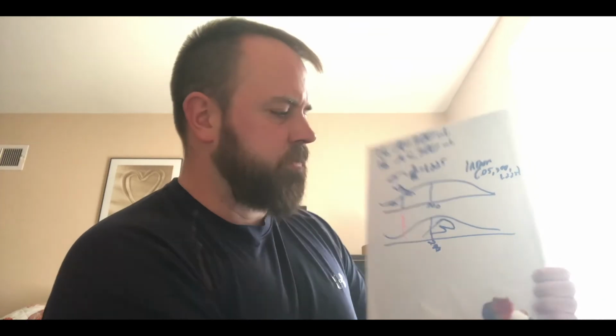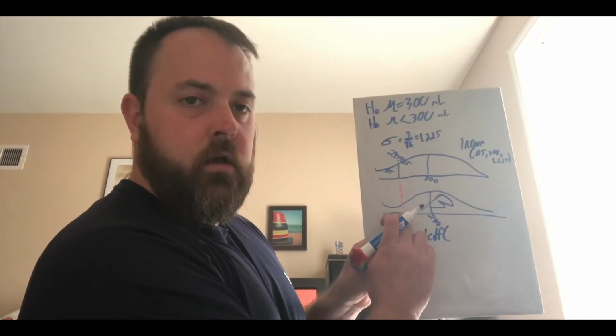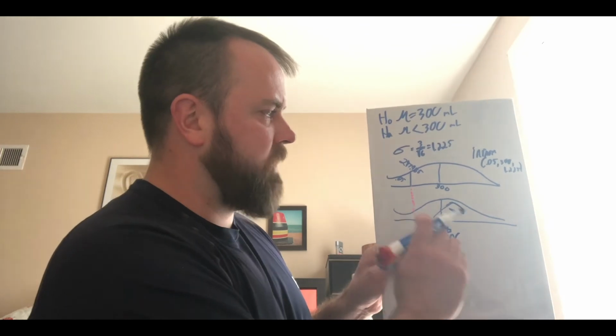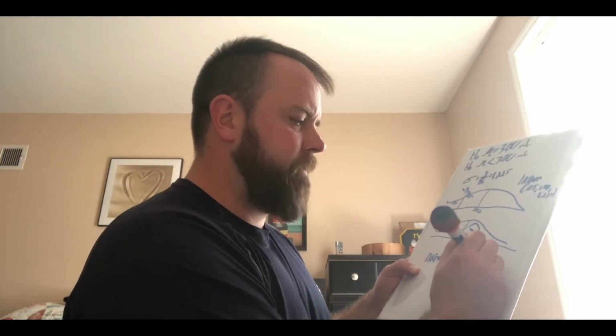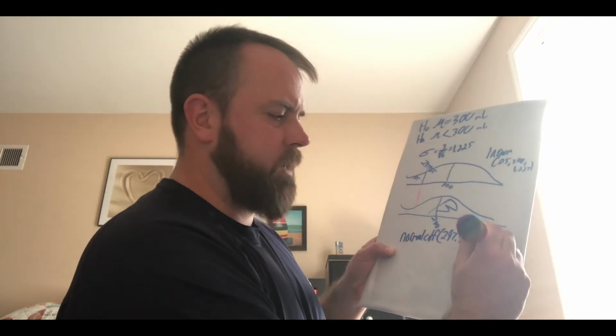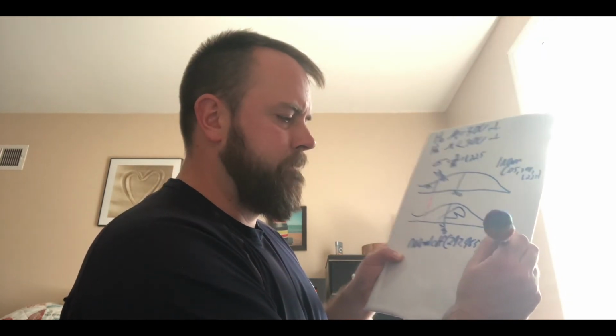So if I'm doing normal CDF, okay, I know my lower limit is going to be the 297.985, some obnoxiously big number. My average is 299, and my standard deviation is 1.225.